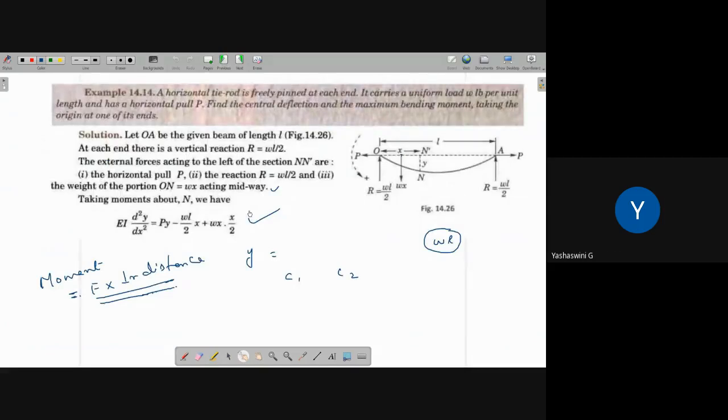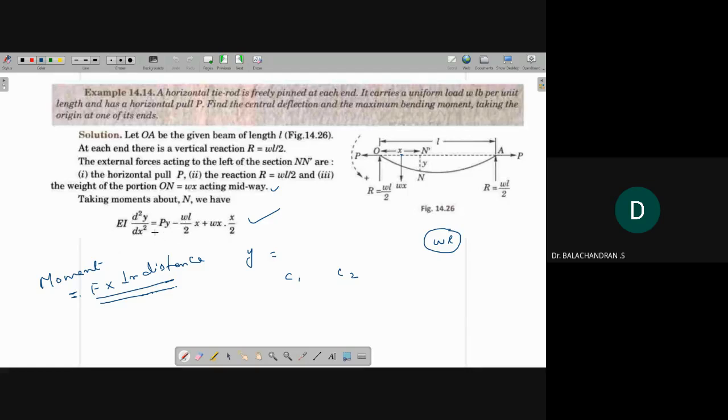Okay. So yesterday we discussed this problem and we found the differential equation. So now I am going to give one more idea, maybe that is very useful to you. To form the differential equation, we find the moments.